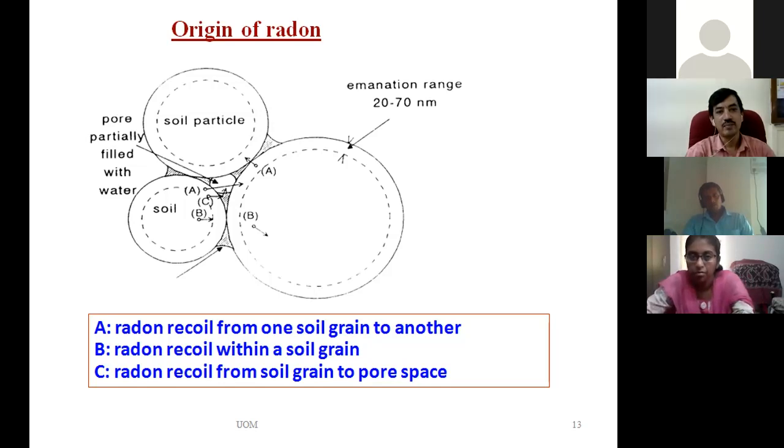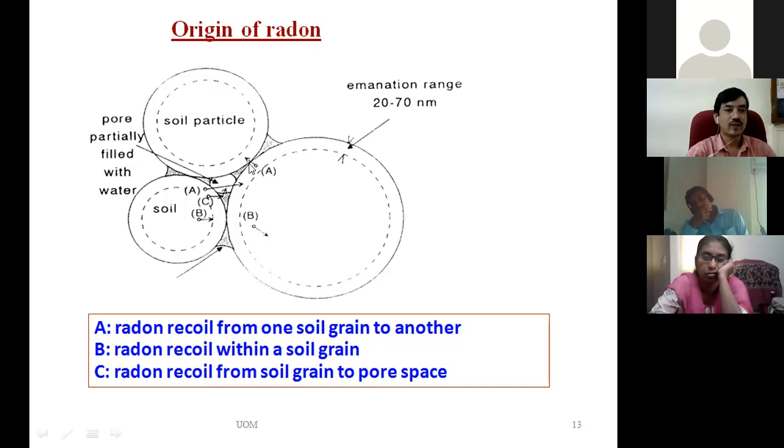The alpha particle is emitted in one direction. In the opposite direction, the radon atom will recoil. This recoil velocity is very small because of the conservation of momentum.